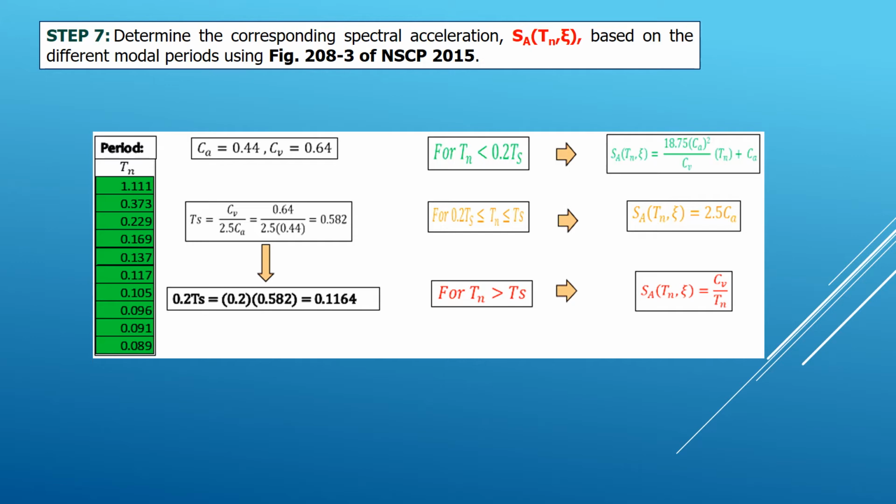For TN is less than 0.2 TS, ito yung magiging formula niya. For 0.2 TS is less than or equal to TN, less than or equal to TS, ito naman yung magiging formula niya. For TN is greater than TS, ito naman yung formula.